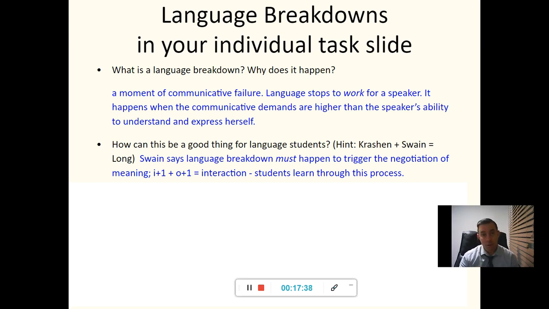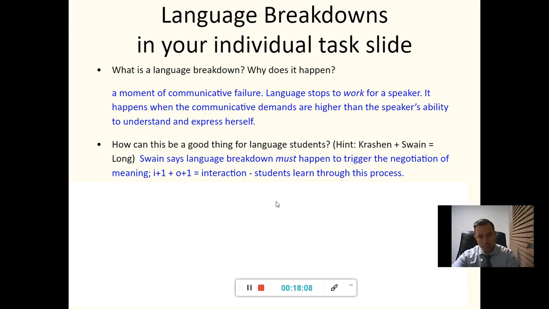You can think of it this way. If you know what to say, if you can express yourself perfectly, you understand everything, then you're not really developing, right? There's no reason to go through a negotiation of meaning if you understand everything. You can think of it as I+1 plus O+1 equals interaction, and students learn through this process.